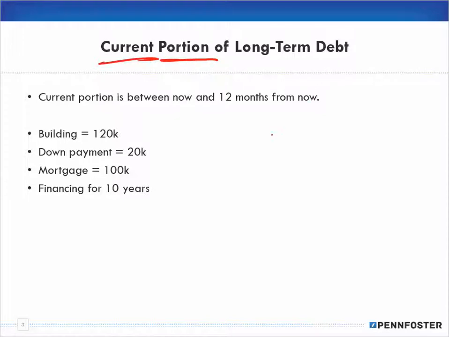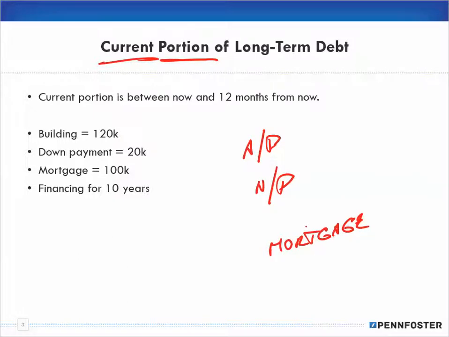Now, when I say liabilities, the first thing that comes to mind is accounts payable. The second might be a note payable, and the third might be the mortgage payable.